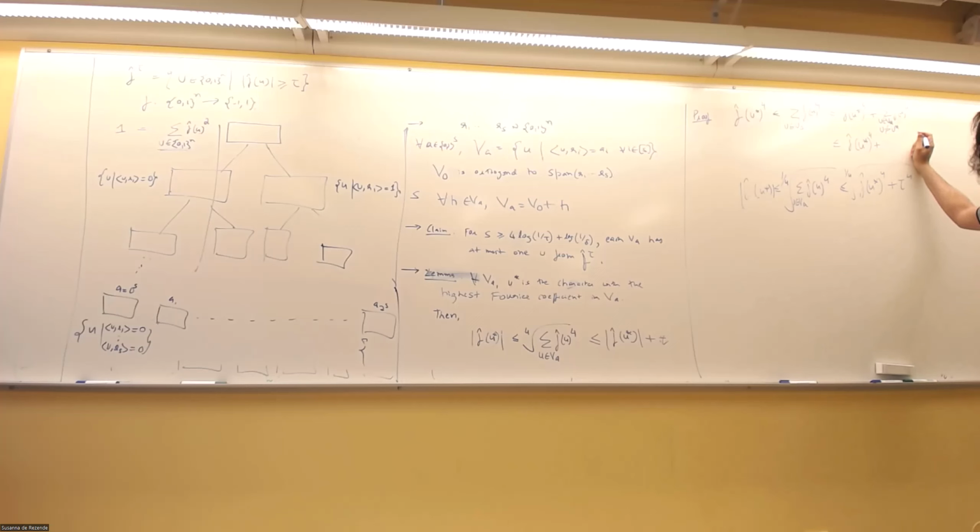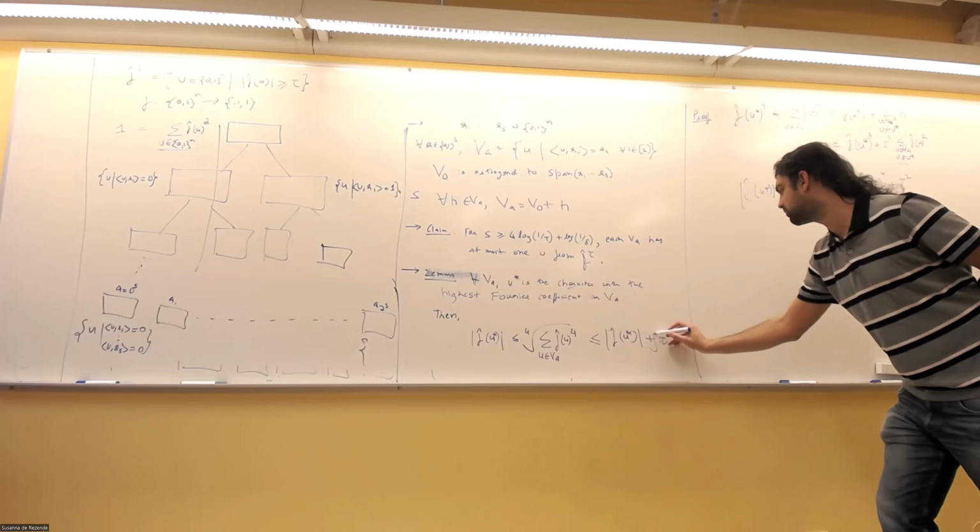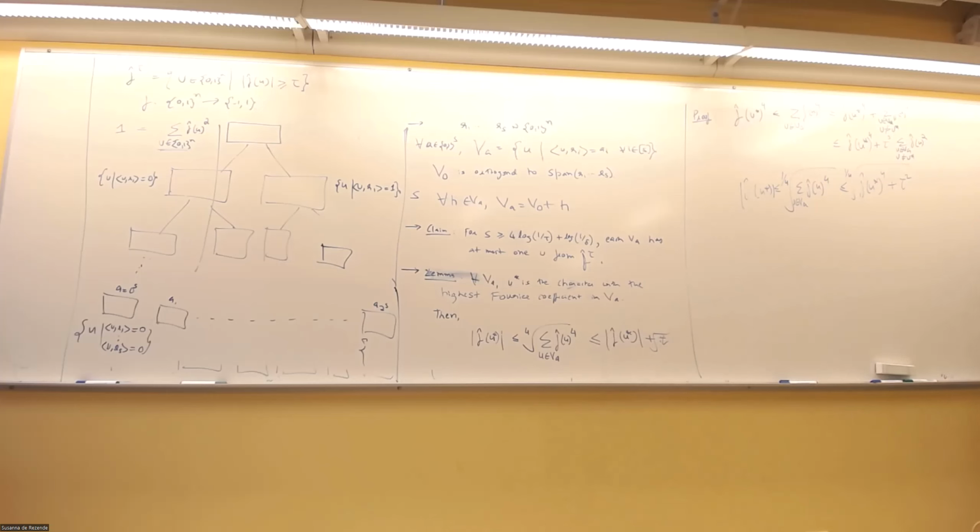If you could do the squares, I guess, so you would get tau squared times something which is less than 1. Maybe that's probably better, yeah. So you can think of it as tau squared times this, which is at most one. So this would be tau squared, and this would be square root of tau. Yeah, I think this is what we have.